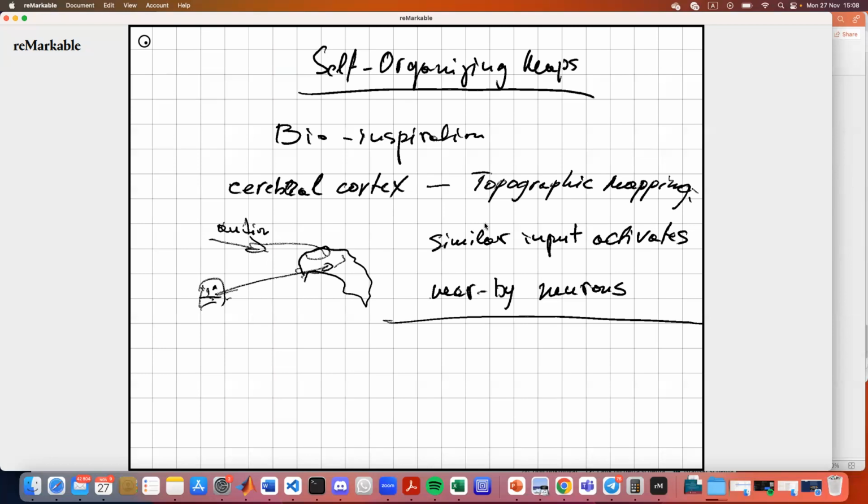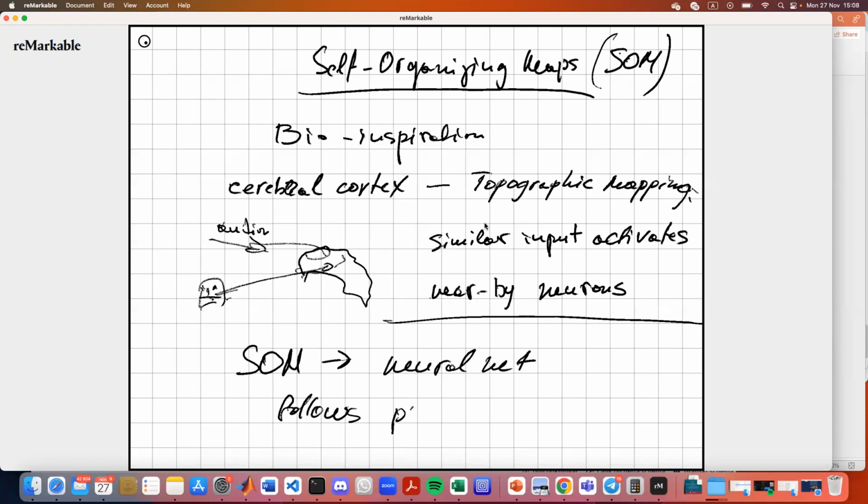So self-organizing maps are a neural architecture that follows the principle of topographic map formation. The neural map follows the principle of topographic map formation.